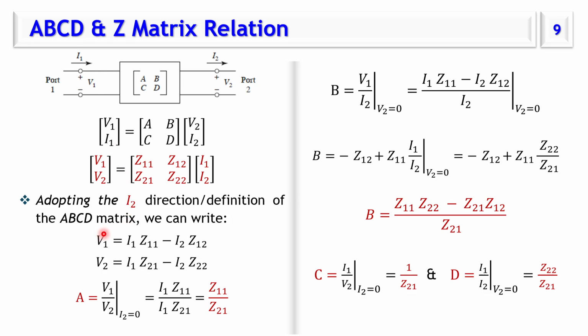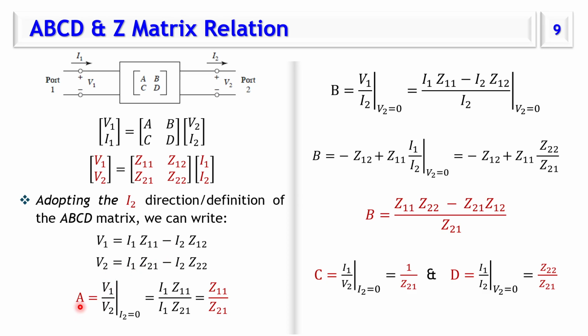Okay, so we need to find the ABCD parameters corresponding to the Z matrix elements. We're writing the equations for V1 and V2 in terms of Z matrix elements, but the current we are considering is the current definition and direction of the ABCD. That's why we have the negative sign here.